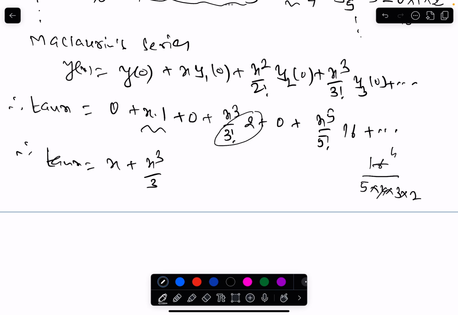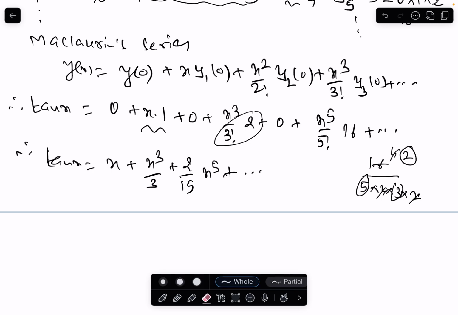So 4 4s are 16, 2 2s are 4, 2, 5, and 3. So that is 2 by 15, x power 5, and so on. So this is the expansion of tan x. In the next video, we shall see some more examples or more expansions.